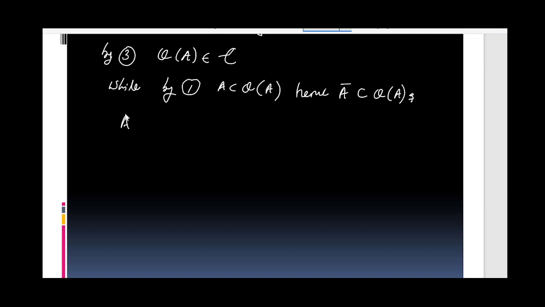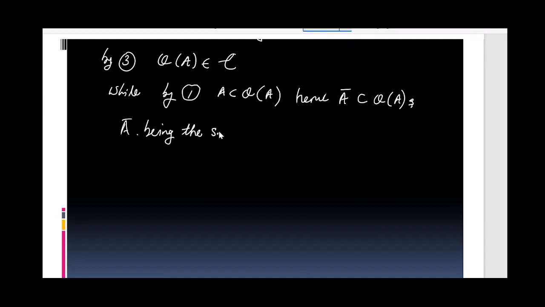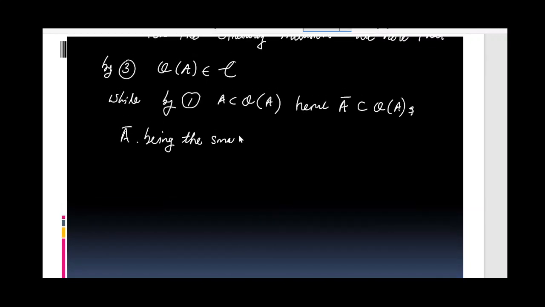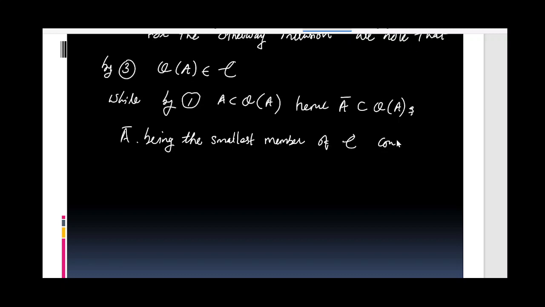Now A closure, being the smallest member of script C containing A, since we are taking the intersection of all closed sets.